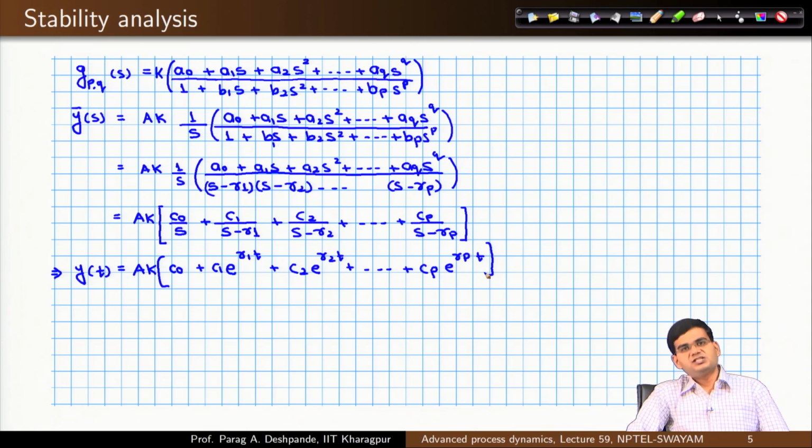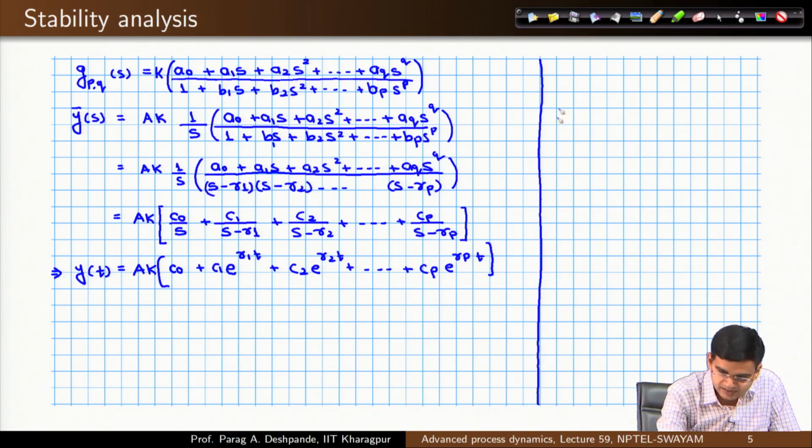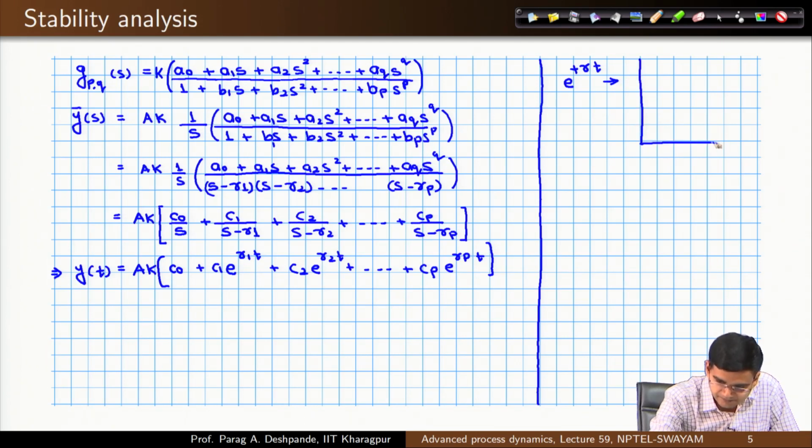Now, you see the first term on the right hand side is a constant function, so it is always going to be bound, but every other term on the right hand side has e to the power r i t, right. So, what is the nature of e to the power plus r t? This is e to the power plus r t versus t.